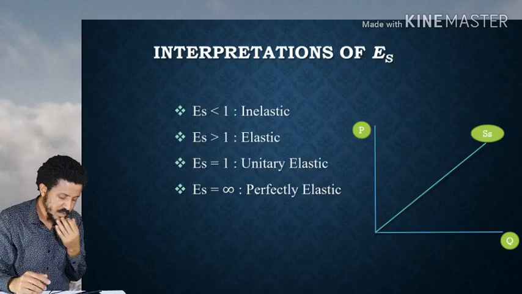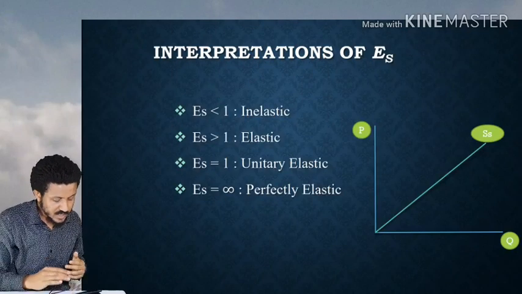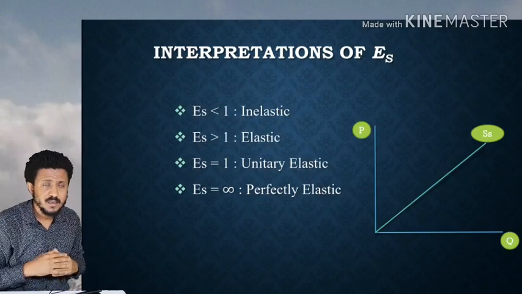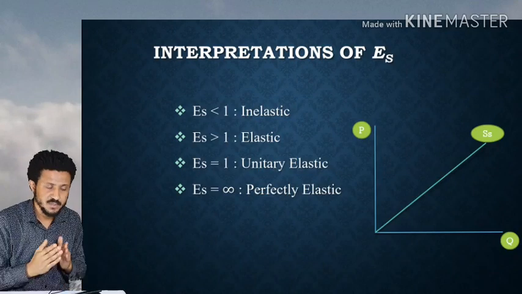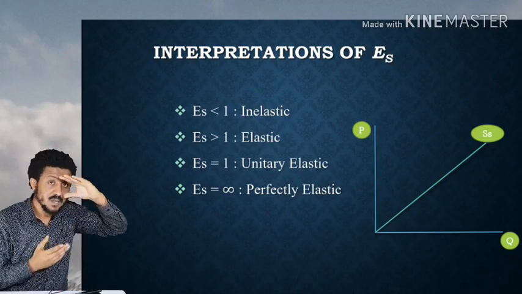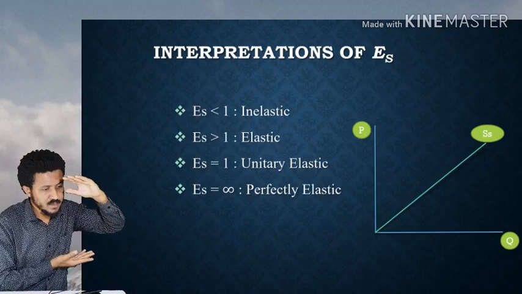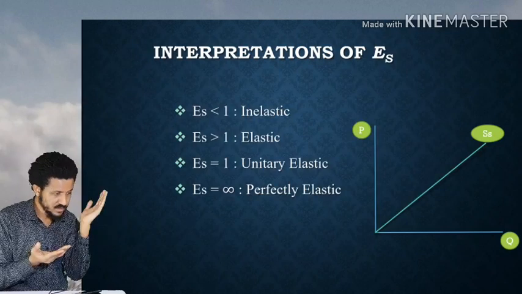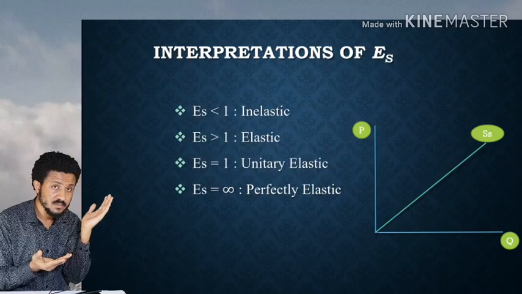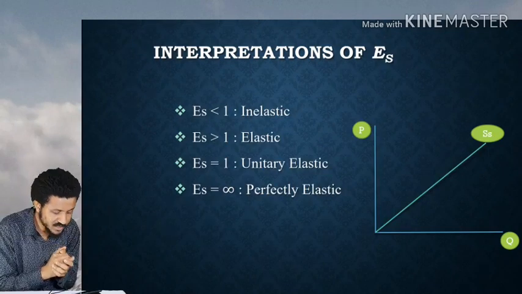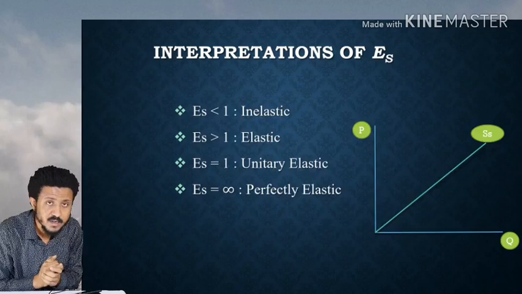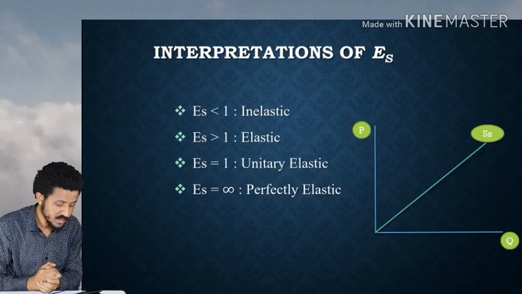When elasticity of supply equals 1, there is an equal percentage change: when price increases by 10%, quantity supplied increases by 10%. 10% divided by 10% is 1, so we call it unitarily elastic.